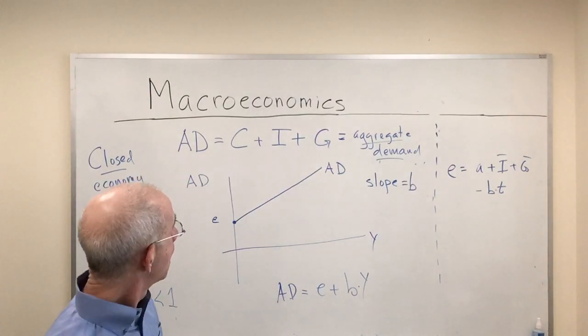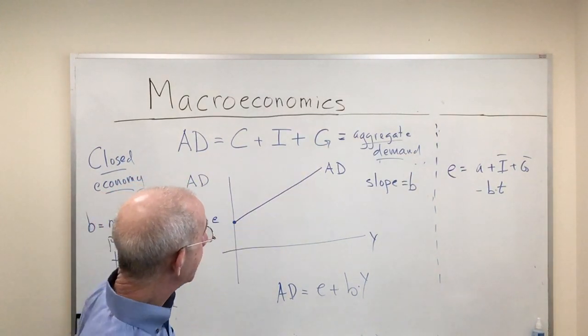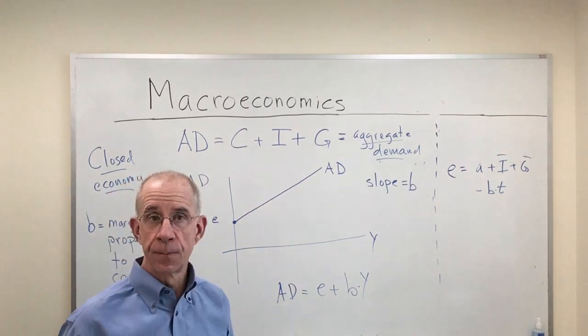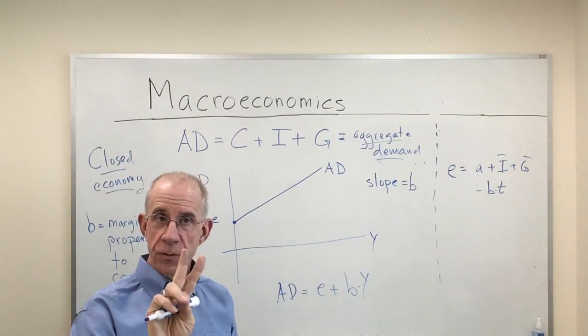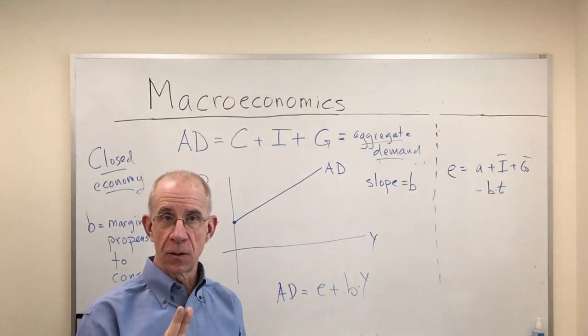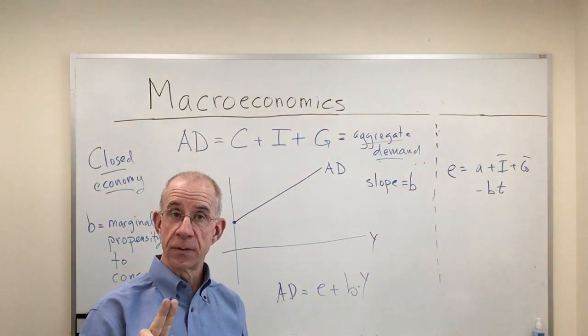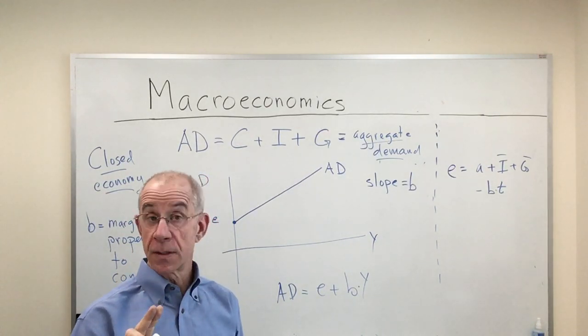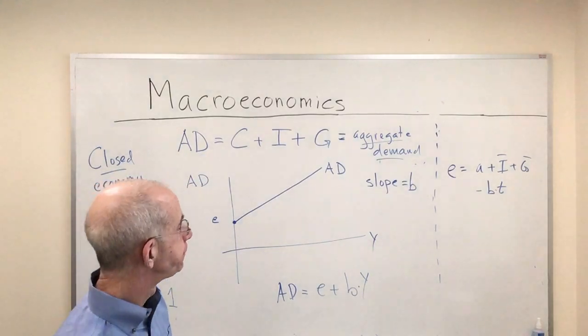That can vary. So when we look at, for example, two different policies that the government might use to influence fiscal policy, or they use fiscal policy to influence the level of economic activity.